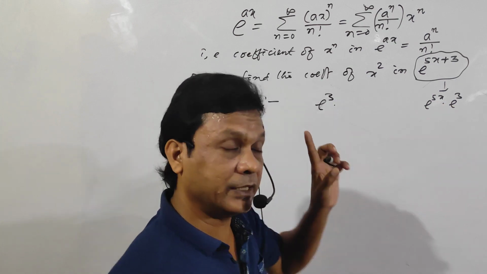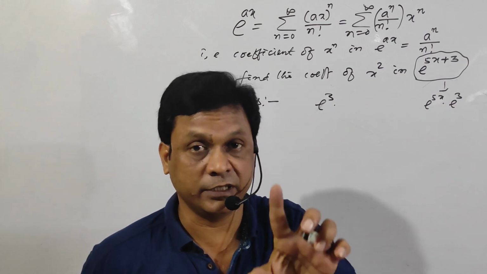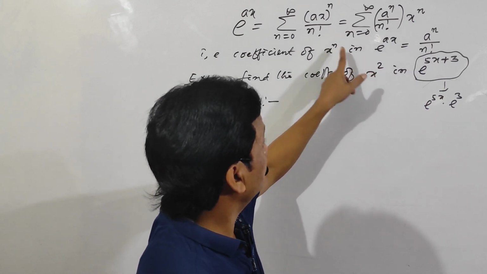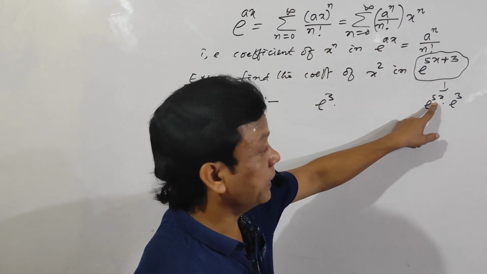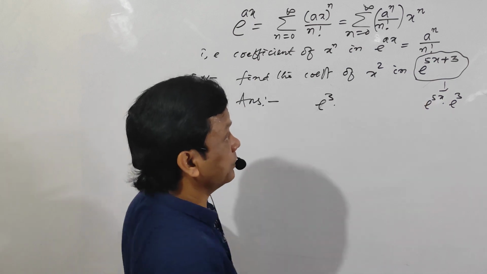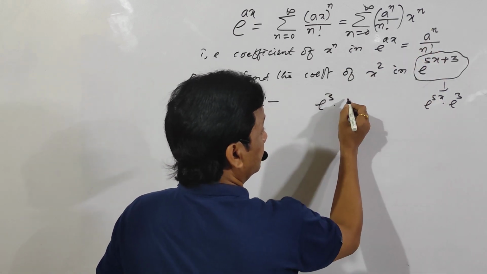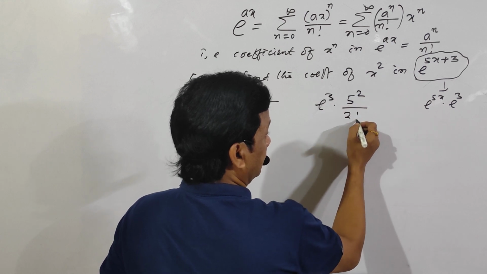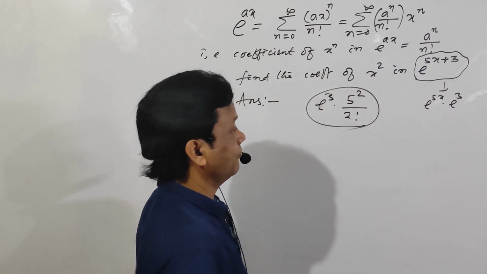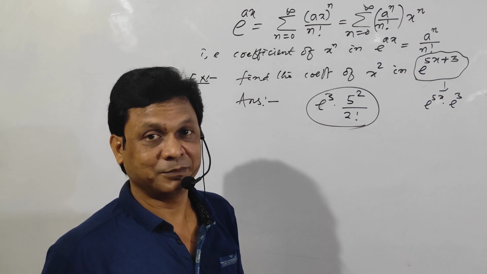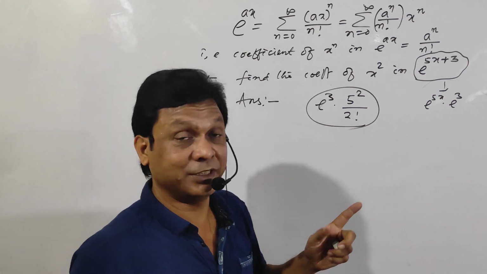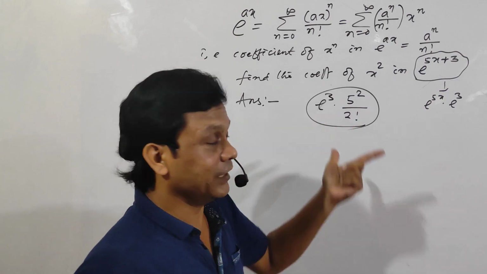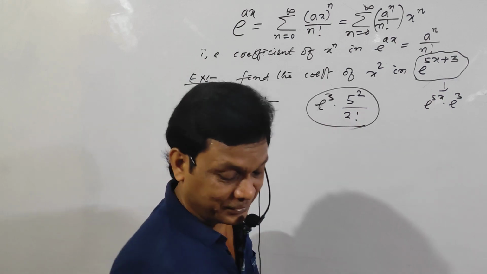So this is a constant, and that term should be present in each and every term. So what is the formula? Here n is 2 and a is 5. So 5 to the power 2 by factorial 2. So this is the answer. Now tell me whether this one is interesting or not. Without solving, you are writing directly.